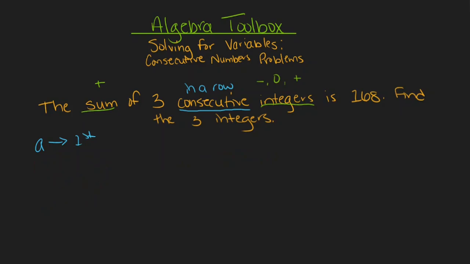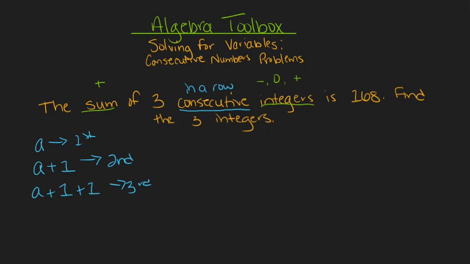We can go back to the drawing board and use this idea of A being the first of these three consecutive integers. If I use that definition, then the second consecutive integer is A, but with one higher value, so A plus 1. And then the third value would be A plus 1, our second value, plus 1, again, one higher than the second value.